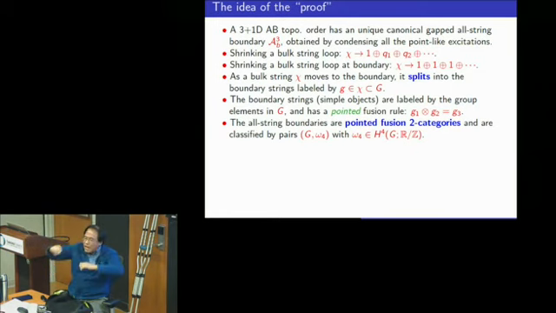Then I need something to detect this single loop. If I only have strings, then I have to use another string to braid around this single loop. And so the single loop has to be trivial, basically. So that is the argument.